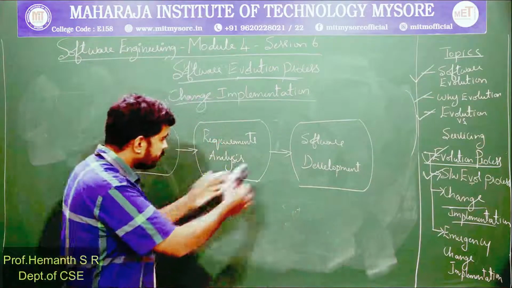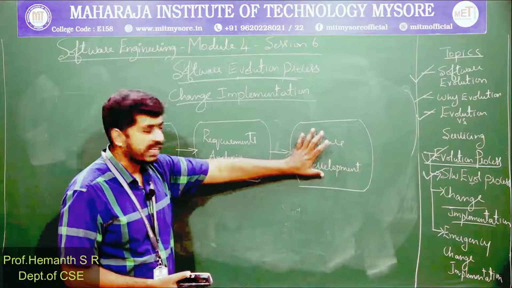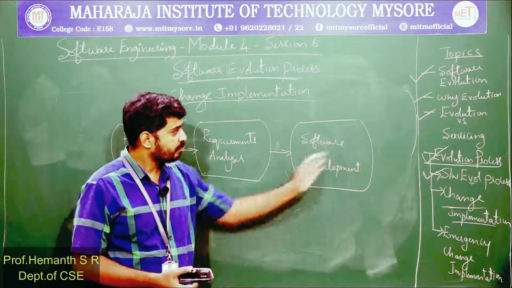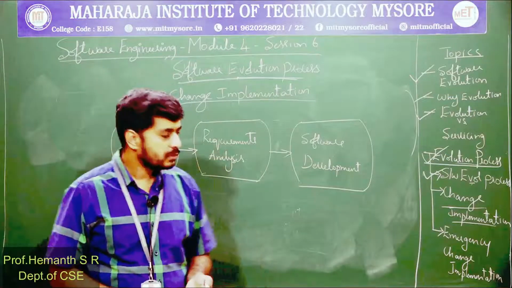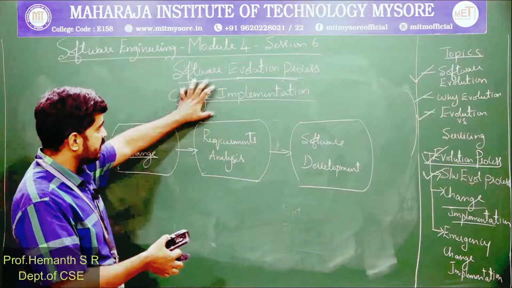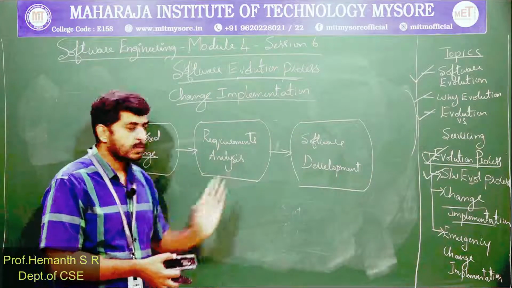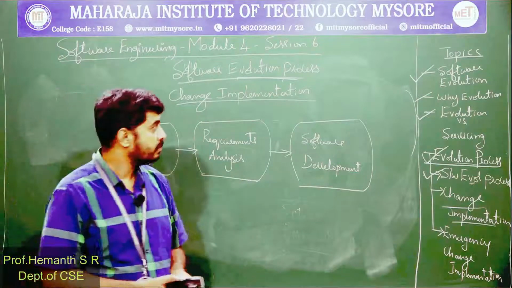For the required change, we come out with the required design, coding, and that is development here, the software development. And finally, we come out with the release of the software. So change implementation, which was a specific stage in the software evolution process, has a few smaller stages. So that was explored in this instance.